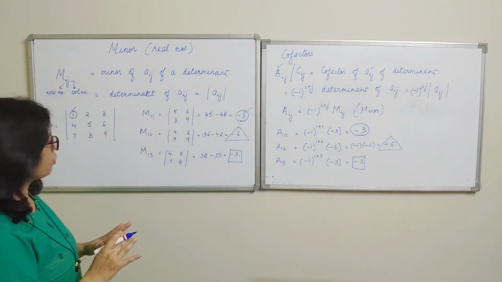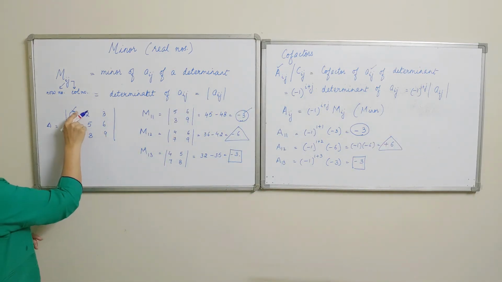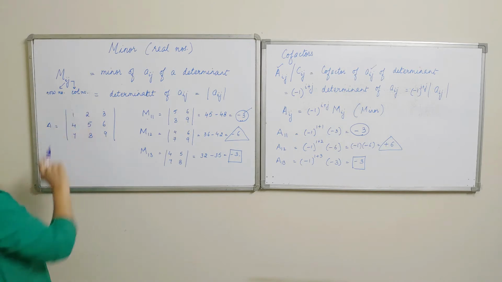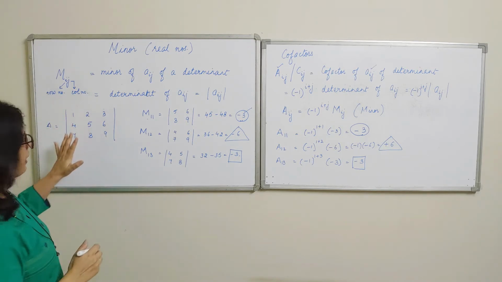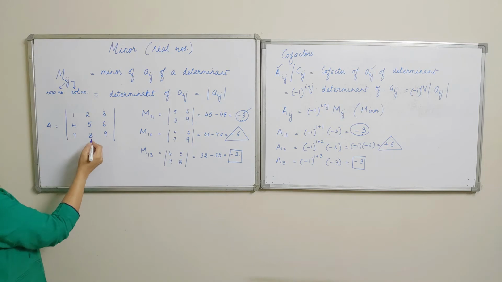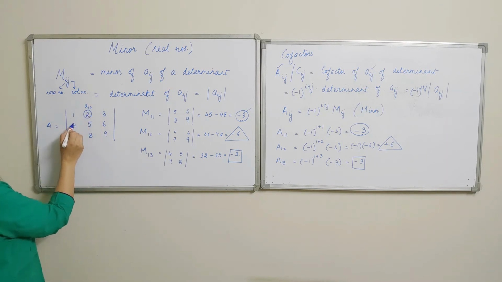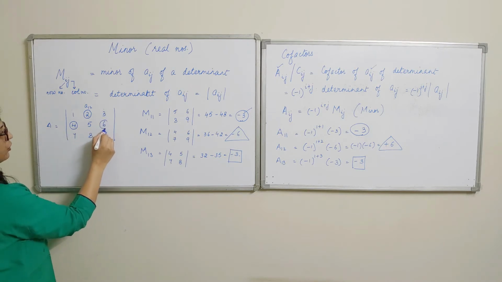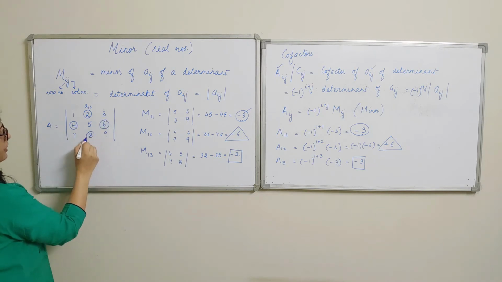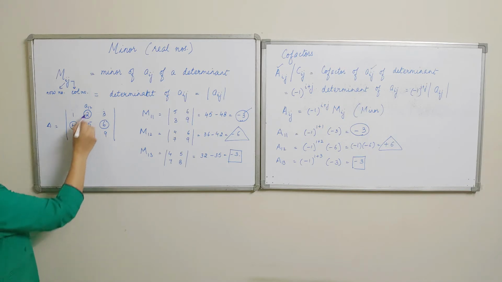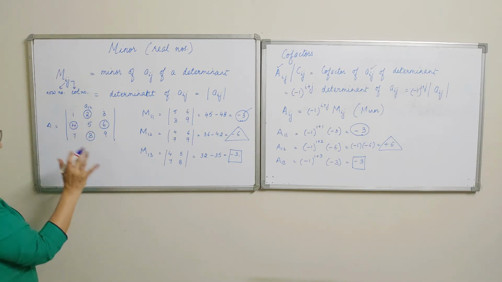Coming back to this determinant, I am going to circle all those elements where the sum of subscripts is odd. This element is A12, so 1 plus 2, 3. This element is A21, this element is A23, this element is A32. So these are the 4 special elements.